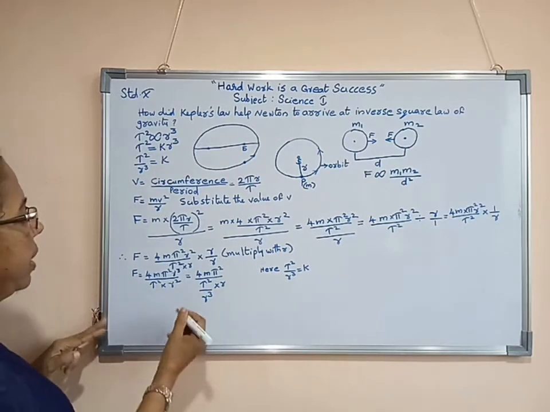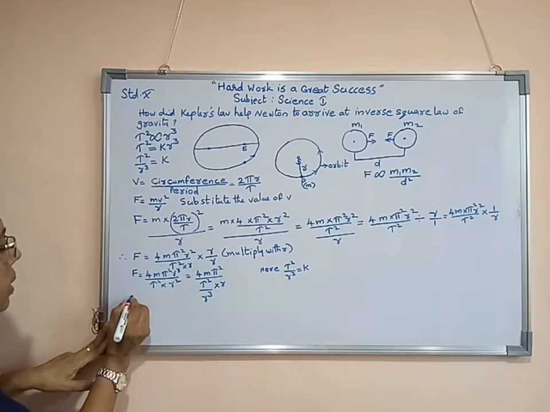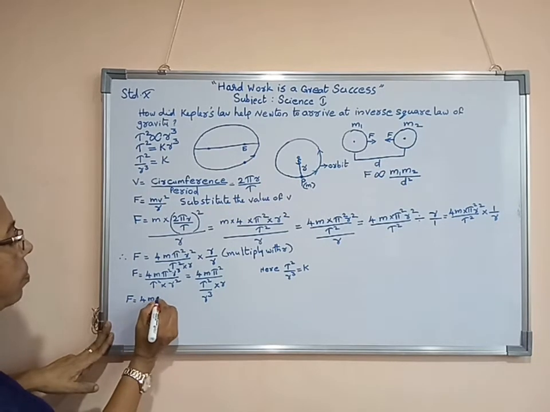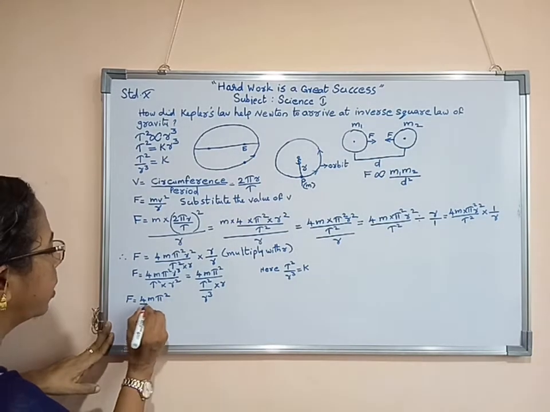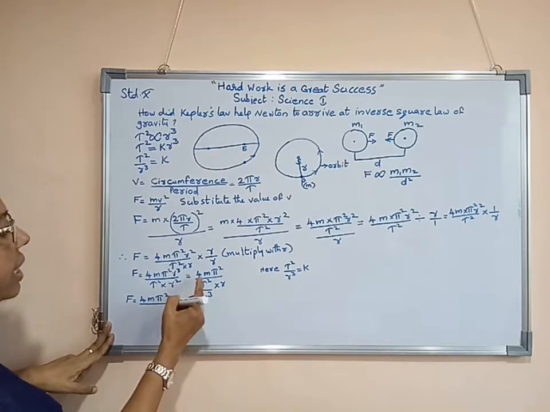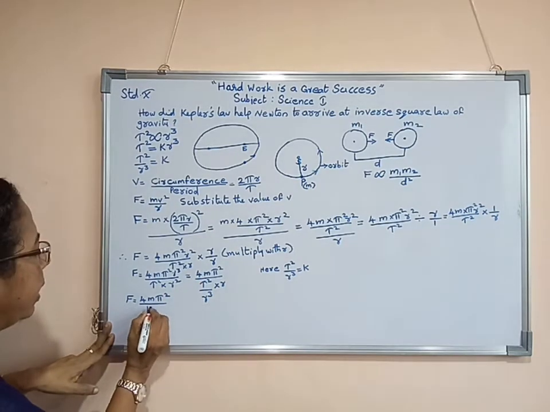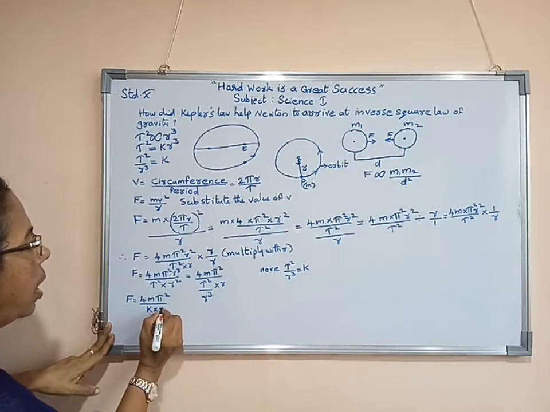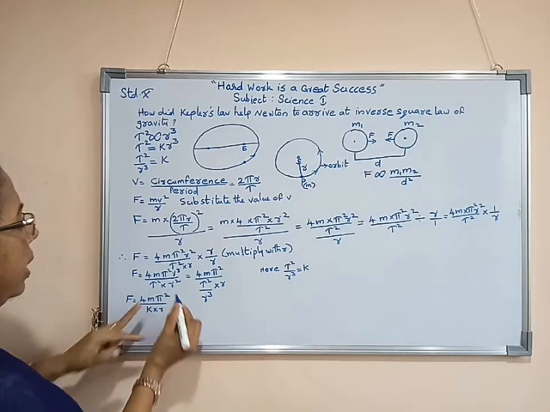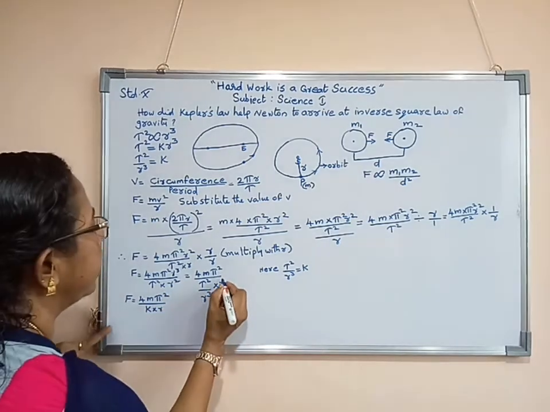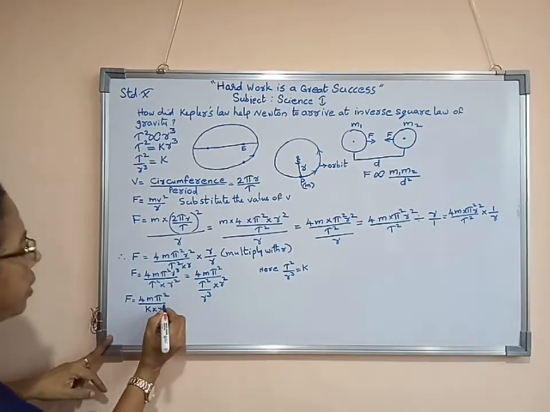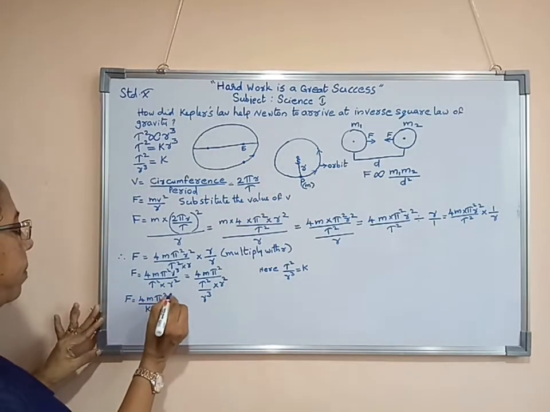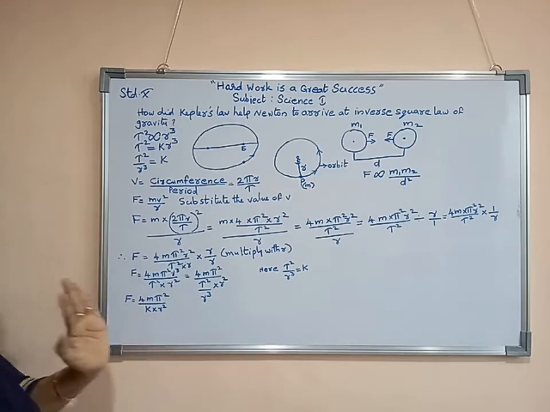Now we are making the equation once again. Here F is equal to 4m pi square upon, now t square upon r cube I am writing here k, then into r square. Here r square is there, here also I am writing r square. Now 4m pi square upon k is a constant.